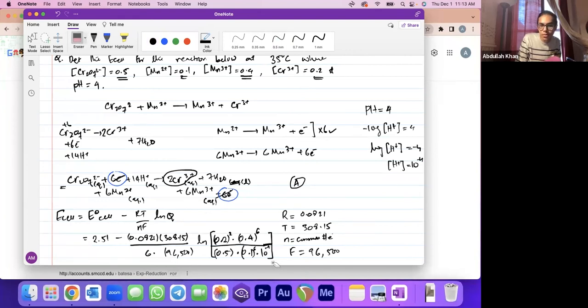To the power of, what was the coefficient of H+? 14. And there you have it. Yep, that's the one.